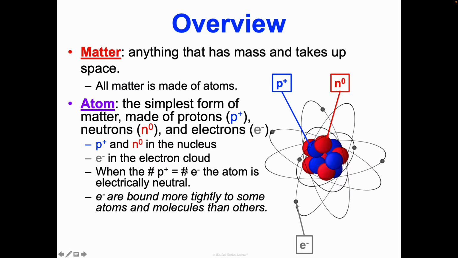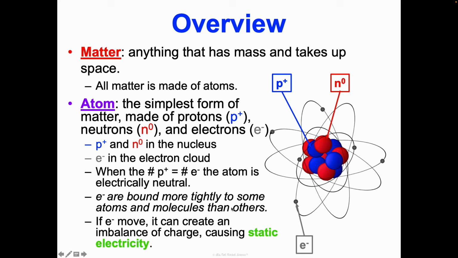So like I said, electrons are bound. They're held in this cloud more tightly in some atoms and molecules than in others. And if those electrons move, then we get an imbalance of charge, and that's what causes something called static electricity. So I have a little video I'll show you in class about this, but we'll keep going for this video here.